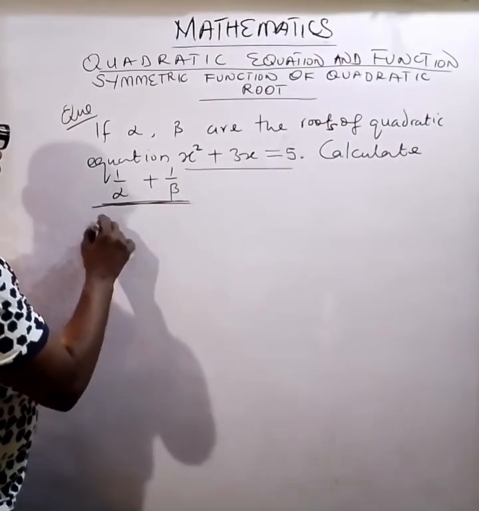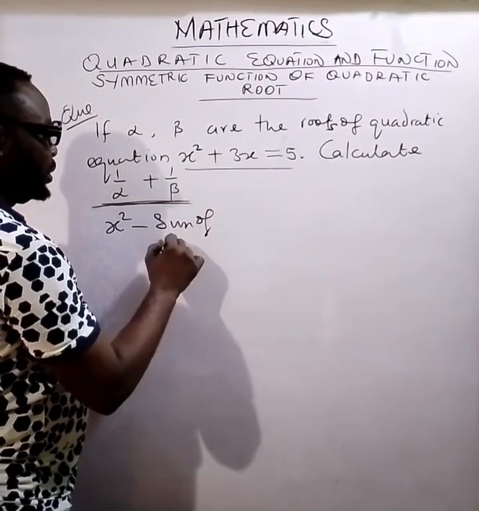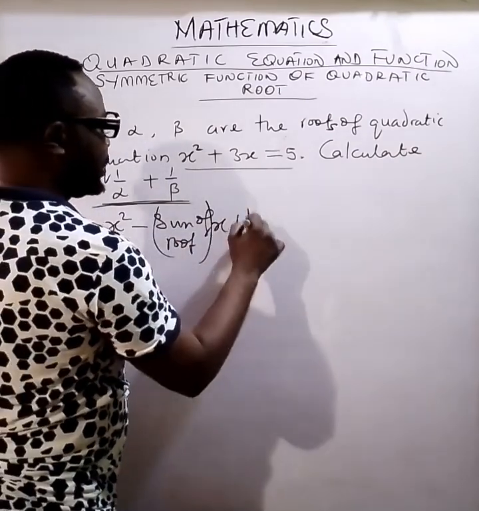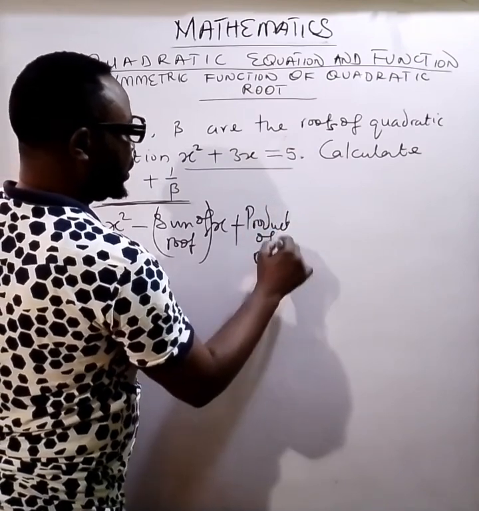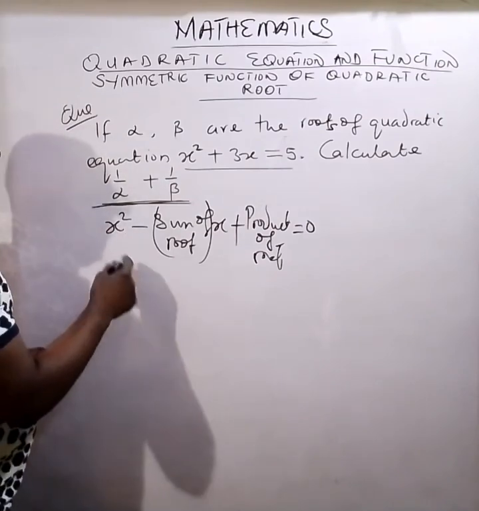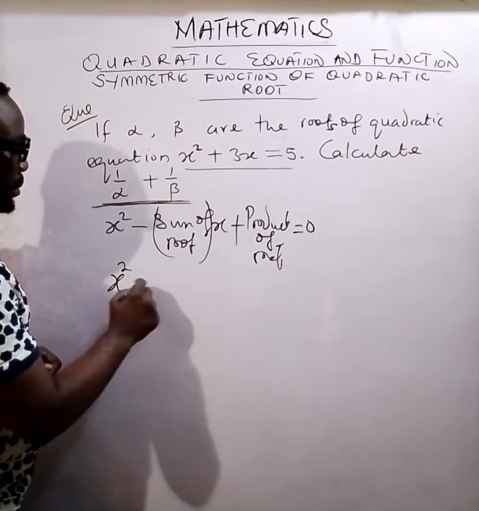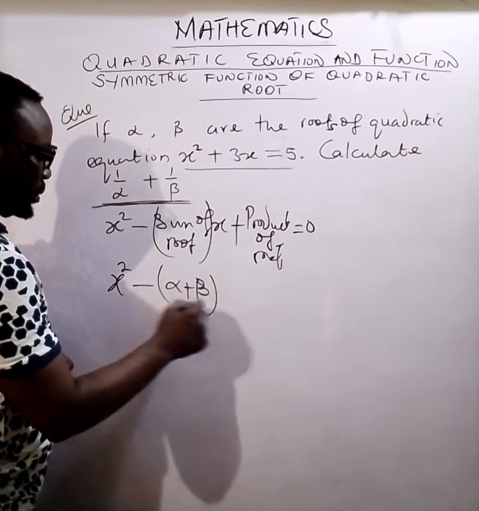Now, for the sum and product of the roots of a quadratic equation, we have this formula: x squared minus sum of roots x plus product of roots is equal to 0, which is equivalent to x squared minus (alpha plus beta) x plus alpha beta equal to 0.